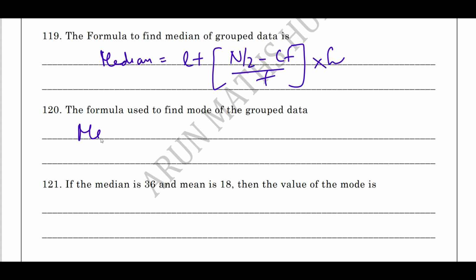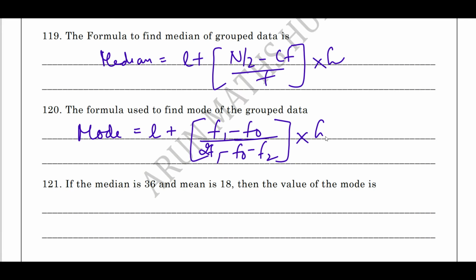Mode of grouped data is calculated by mode equals L plus f1 minus f0 by 2f1 minus f0 minus f2 into h.